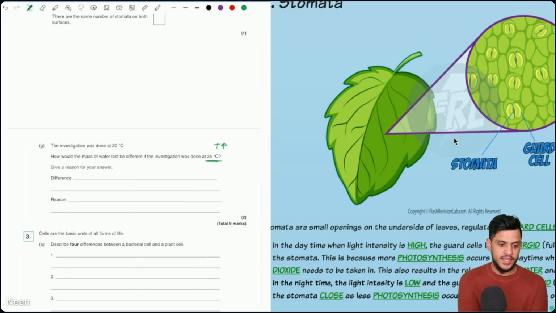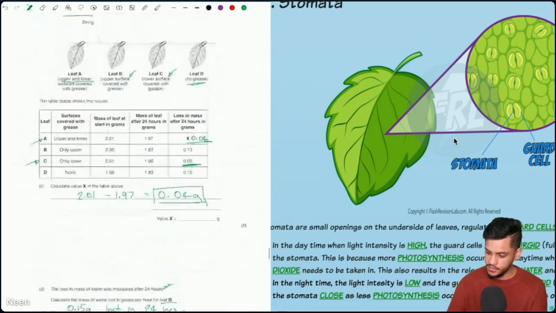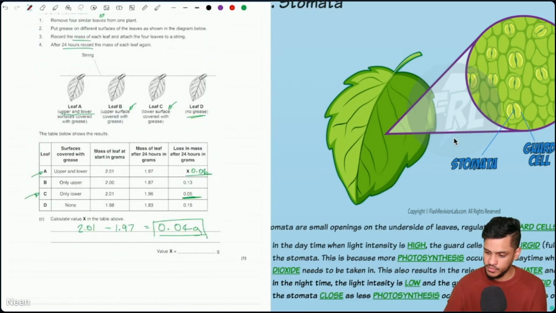The water inside the leaves is evaporating. So if the temperature was higher, there would be more evaporation. Therefore, there would be more transpiration occurring, more water lost. So the difference in this investigation, all these numbers in the last column, they would be much greater.